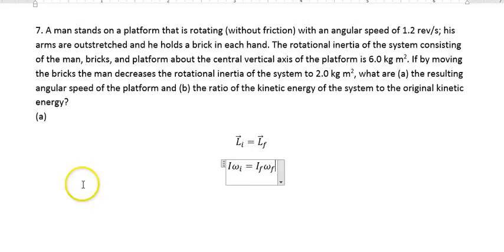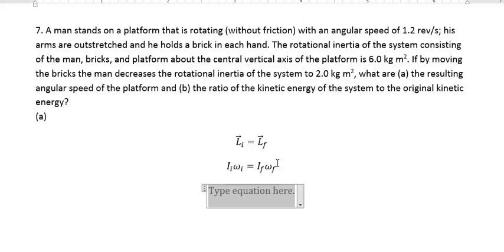Let me put an initial subscript on the initial angular momentum, initial moment of inertia. So we know angular momentum is conserved, right? So I initial omega initial equals I final omega final, right? All right.